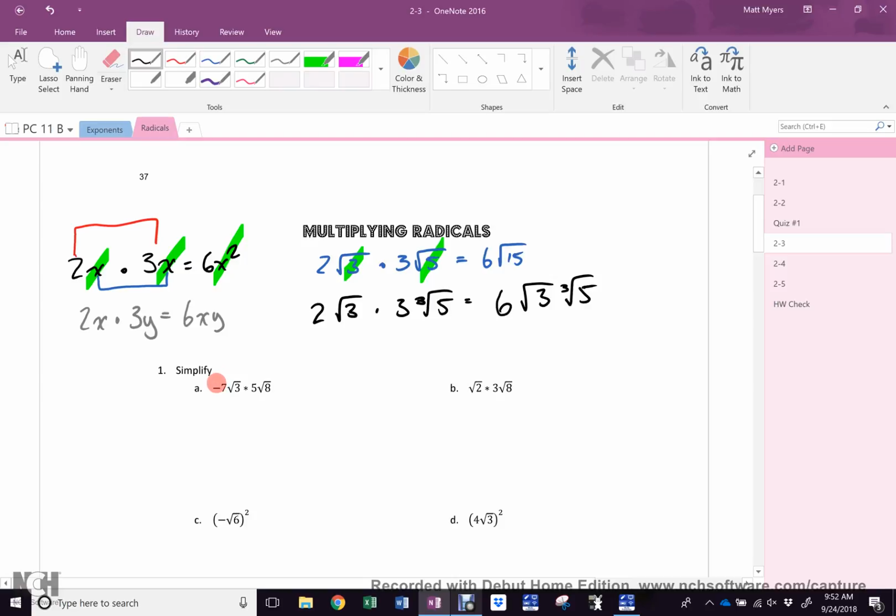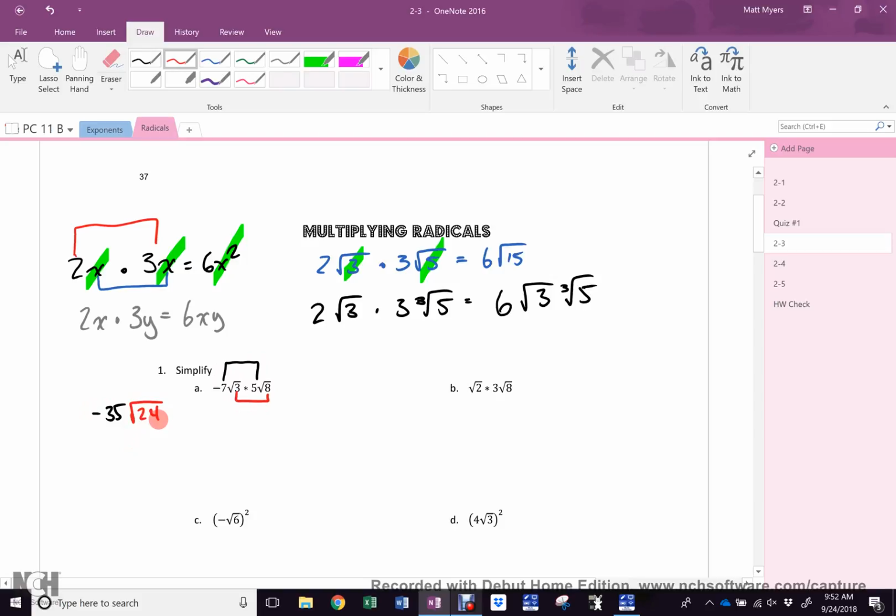Starts with a C, ends with a T, has coefficient in the middle of it. Coefficient. Multiply the coefficients. What do you get? Negative 35. Then multiply the radicals, the radicands. Their arguments is the way we like to say it. And what do we get?